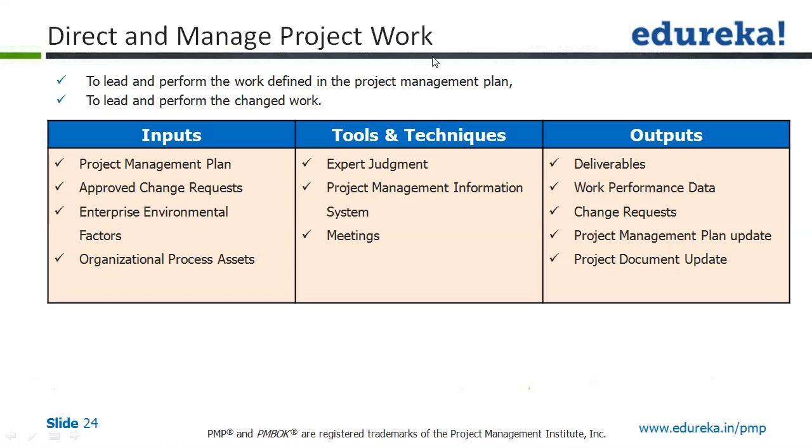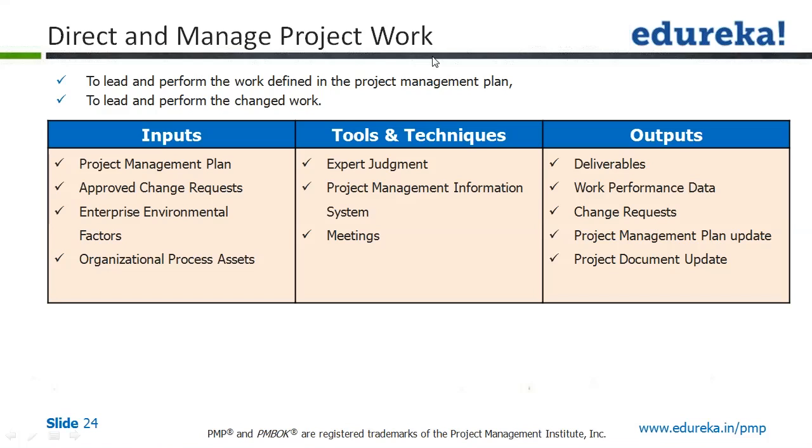It could be a tool like Primavera, which is basically used for the construction industry. But the majority of people, I have seen, use MS Project as a project management information system. The third is meetings, which is a pretty easy tool to look at.